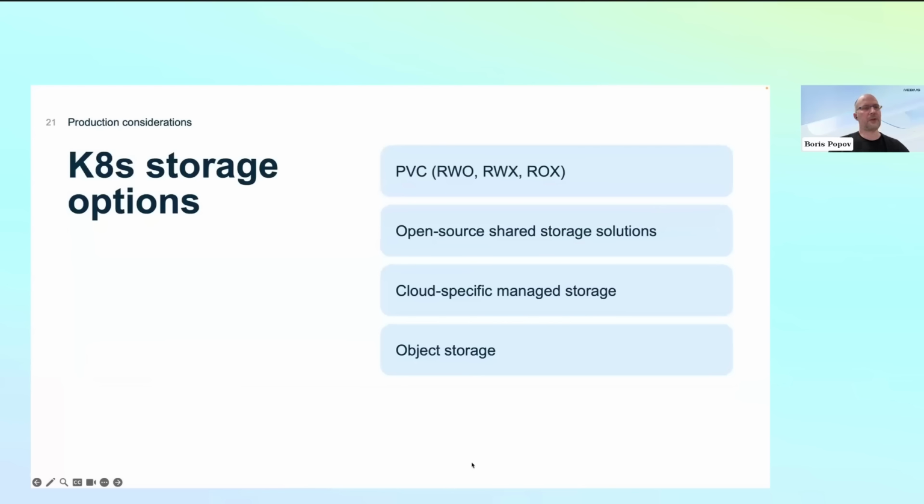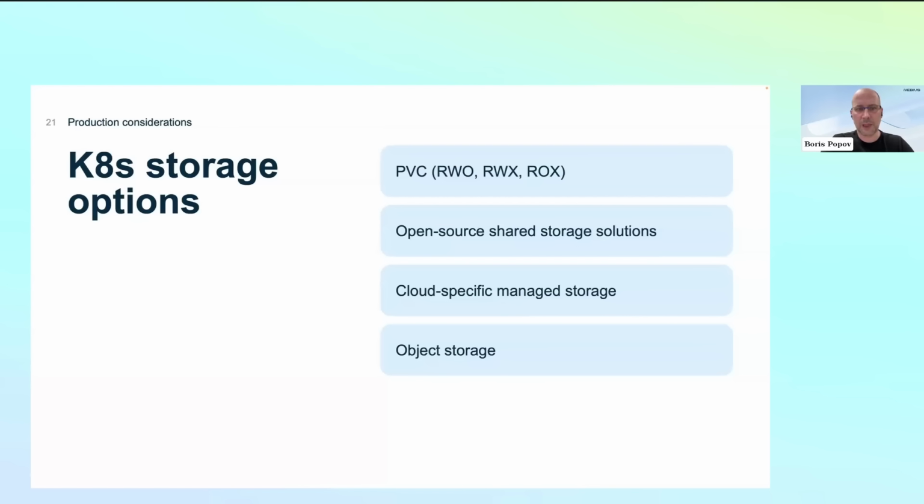And I've also mentioned that loading your model during boot up is really important. So that means storage is really important when it comes to having read-optimized storage. So in Kubernetes specifically, you have different storage options. Out of the box, it comes with PVC support.